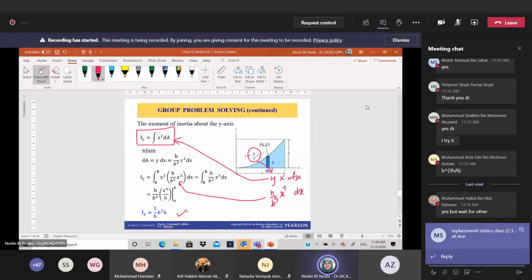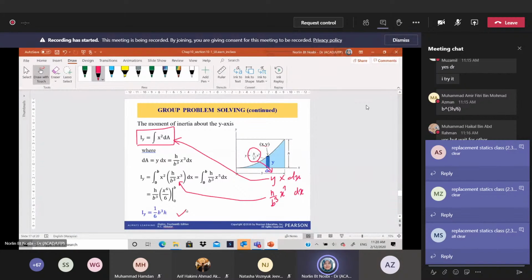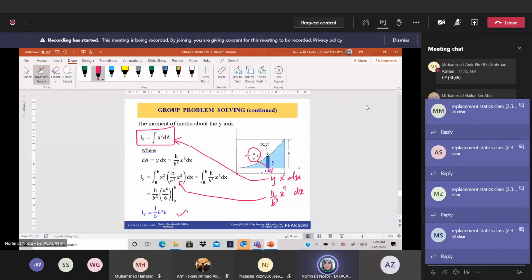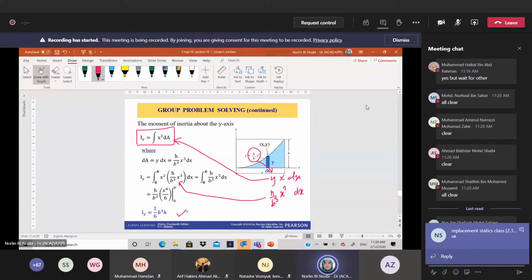You just have to use the formula and then do the integration. Make sure the element is all the same. Okay, if the derivative is on the x element, then all must be x. You need to rearrange the equation. Okay, is it okay until now? Is there any question?